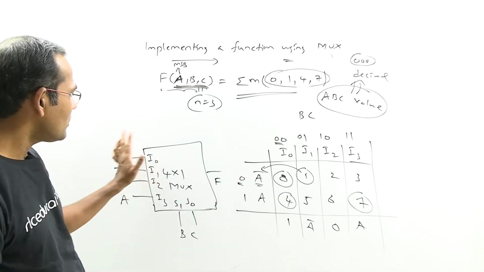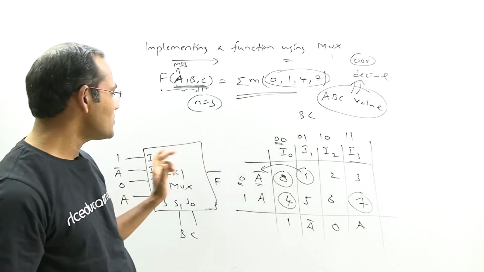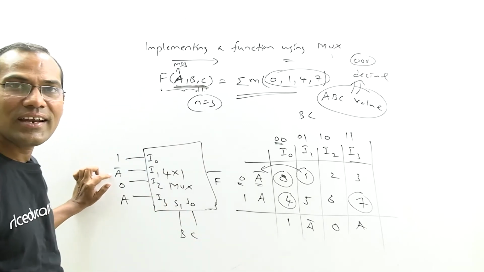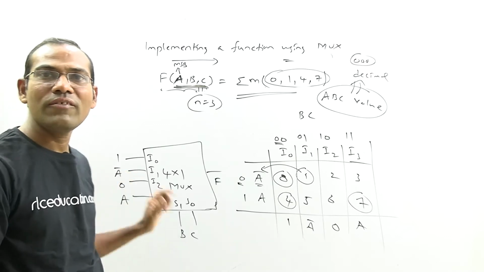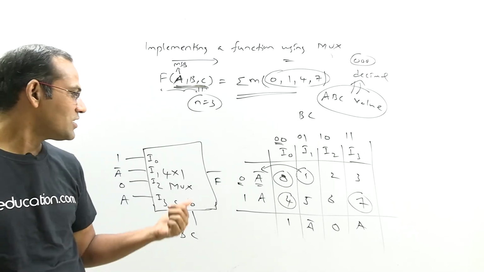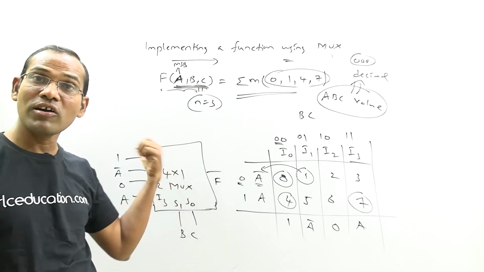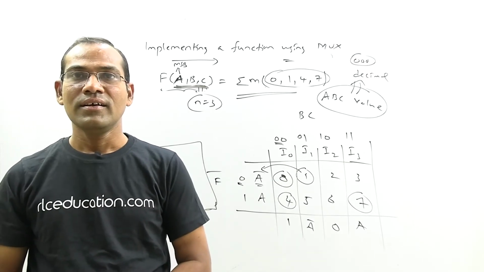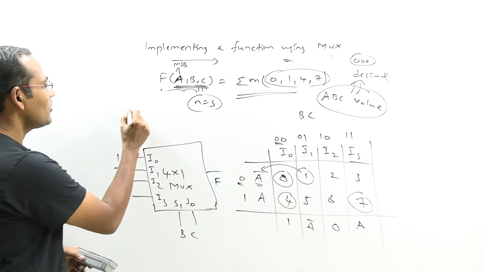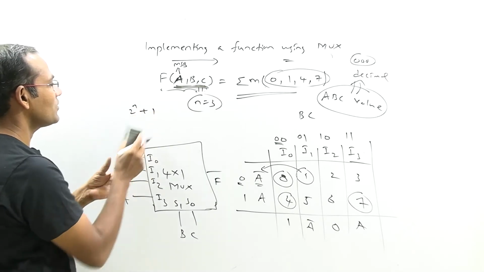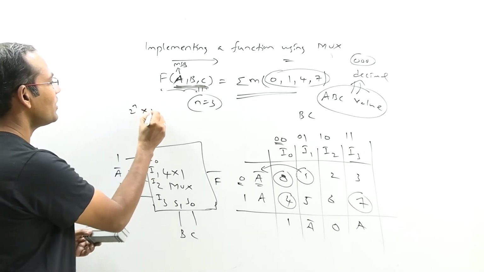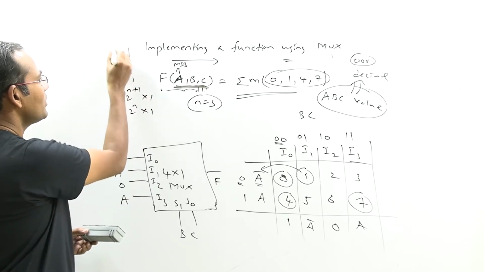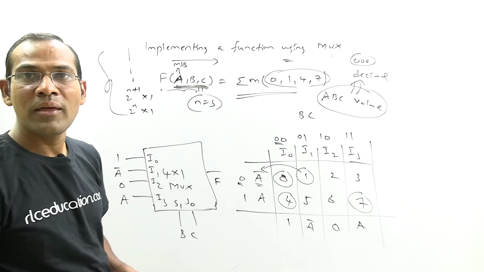That's the implementation of this function using a 4-to-1 mux. If you observe carefully, A bar is there, so we require one NOT gate. That means in addition to this mux, one NOT gate is also needed. Whenever you go for a 2^n by 1 mux or 2^(n+1) by 1 mux and so on, that mux is enough.